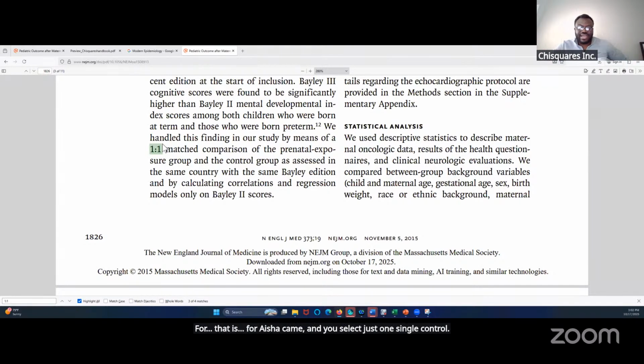Why will that not be recommended? Yes, Diana. I think when you have few controls, the power of the study reduces. So we want to match so that we increase the power of the study. Okay, thank you very much.